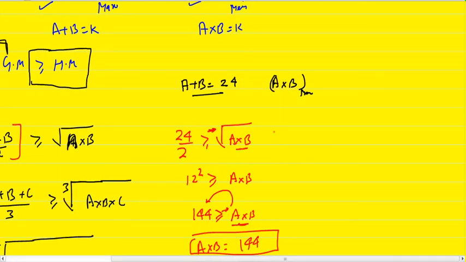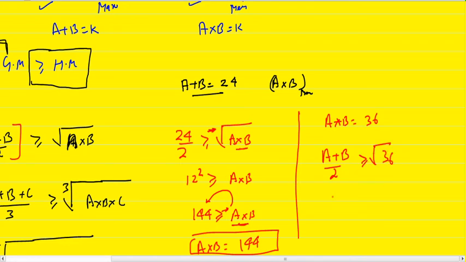Please observe. In the reverse case, if A into B was given to us as 36, I will say A plus B upon 2 is more than or equal to square root of 36. So A plus B is more than or equal to 12. See, A plus B is either equal to or more than 12.